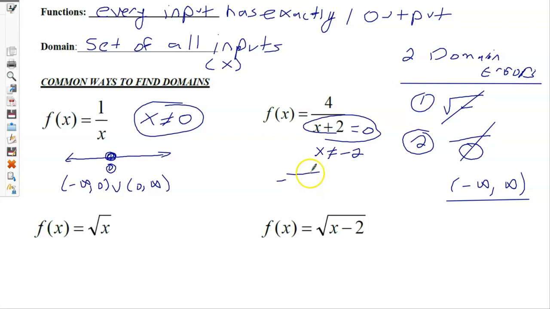So again, our number line would look something like this. We look at negative 2, that's going to be an open dot at negative 2, and everywhere else is going to work. So now our interval is going to be negative infinity to negative 2, parentheses around both, because we can never reach negative infinity, and we can never reach negative 2. And we're going to marry that with negative 2 to infinity.